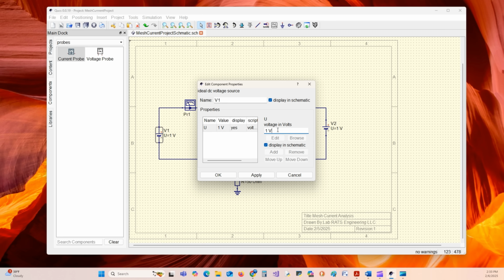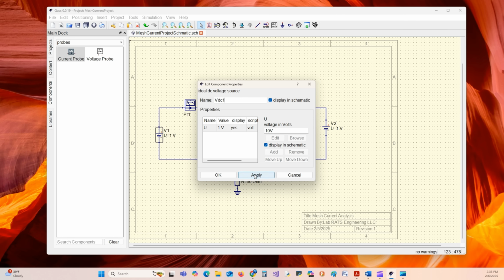This is going to be 10 volts. Call it V1. I guess we could call it VDC1, but I can't do the subscript.